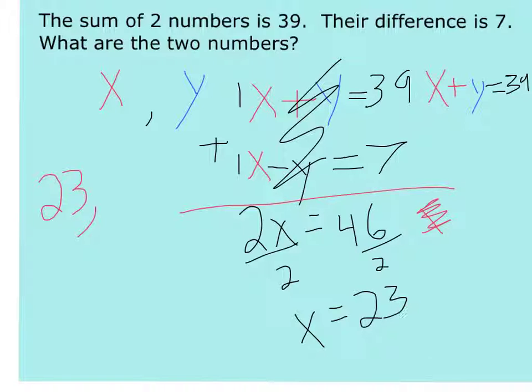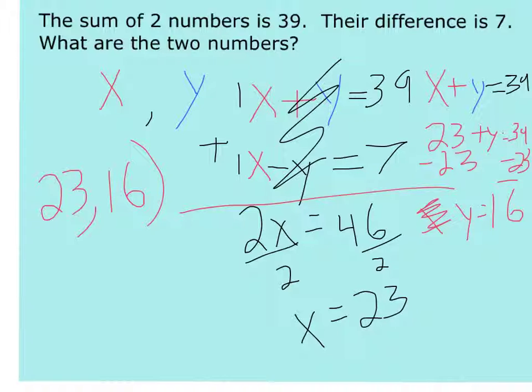So I'm going to write a 23 right here. 23 plus y equals 39. So next, I subtract 23 from both sides, and I get y equals 16. So there's my answer. 23 is x, and y is 16.